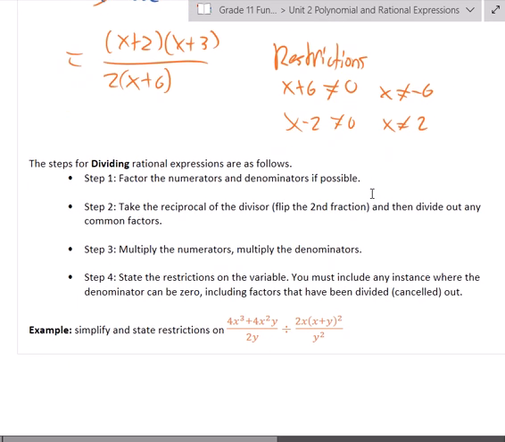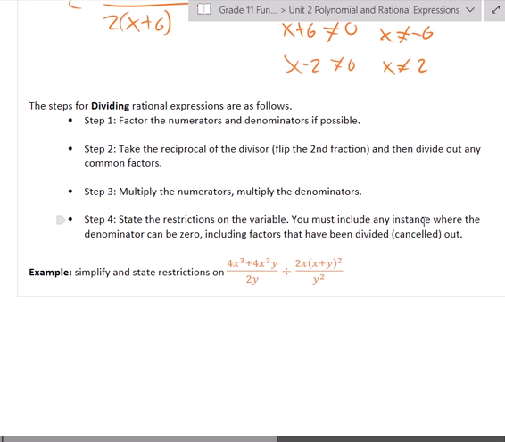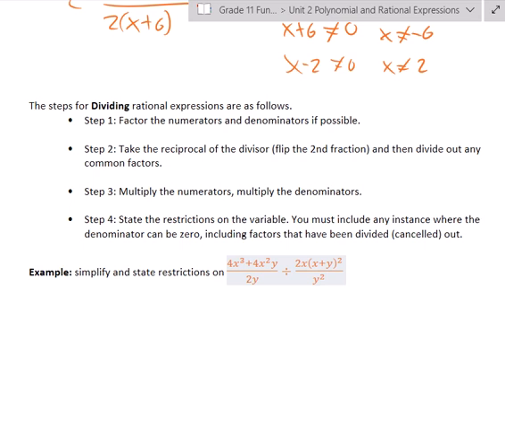Now dividing pretty much works in the same method as multiplication, exact same steps. The only thing that's different here is you will have the reciprocal, where you flip and multiply the reciprocal of your second fraction. Well, yes, it's totally okay to cross multiply. It is recommended that you actually do the multiplication of the reciprocal.